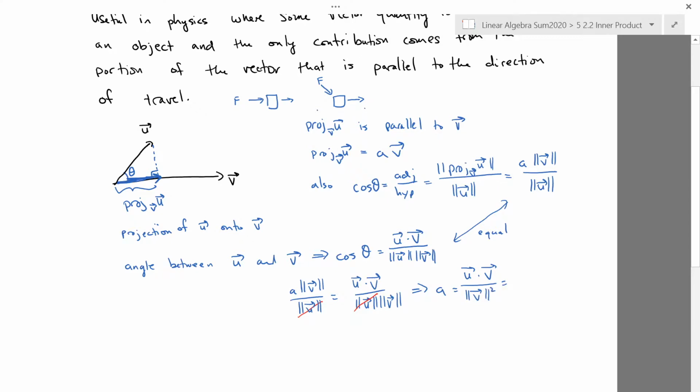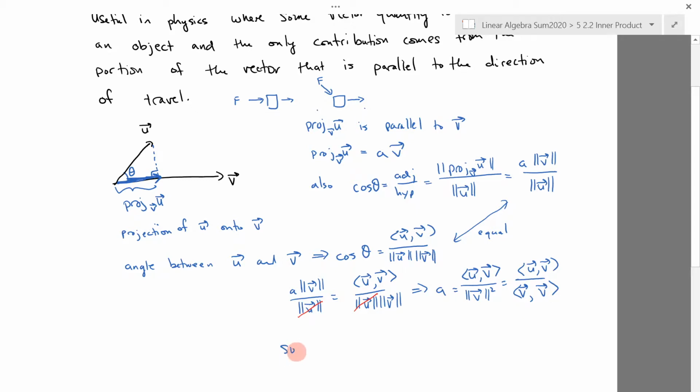The square of the length is just the dot product with itself. Let me instead write it as the inner product, to be more general to any vector space. So this is the inner product of u with v, over the inner product of v with itself, since the square of the length is the inner product of a vector with itself.